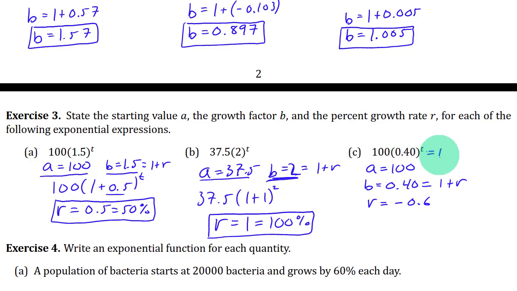So you could also write this as 100 times 1 minus 0.6 to the power t. So that's also a negative 60% growth rate. Or you can call it a decay rate if you want.